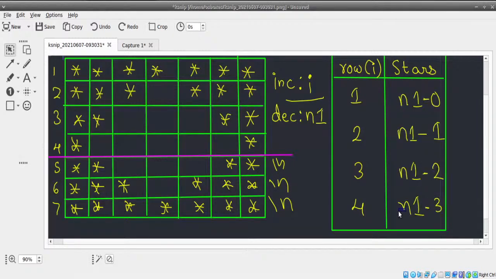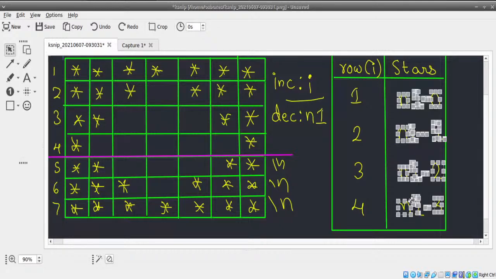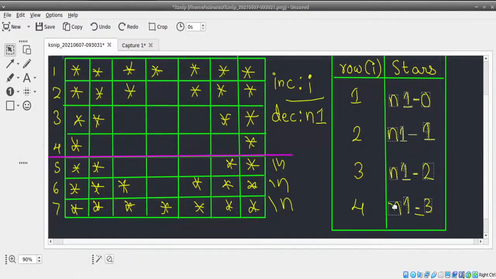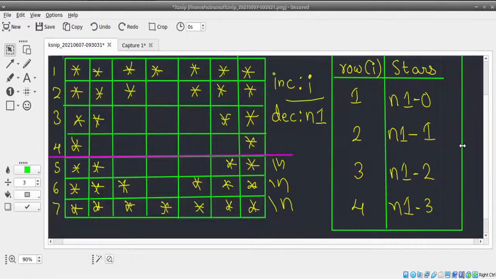It is increasing now. Any guesses, guys? Absolutely right. We're going to substitute it with I because it's increasing.